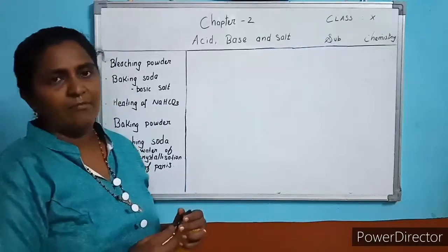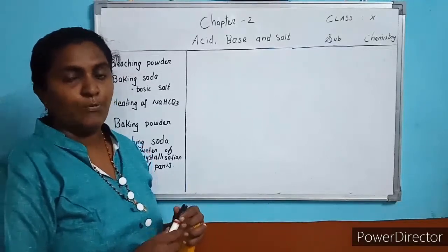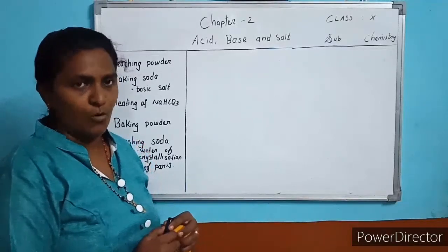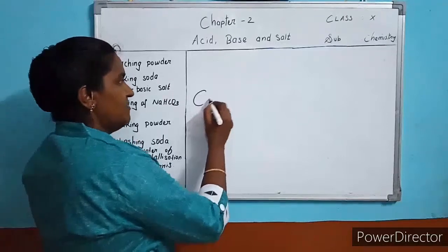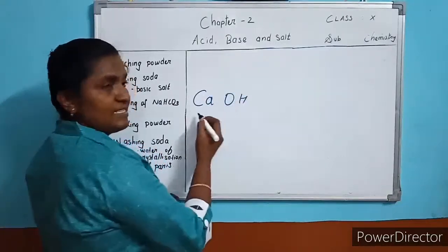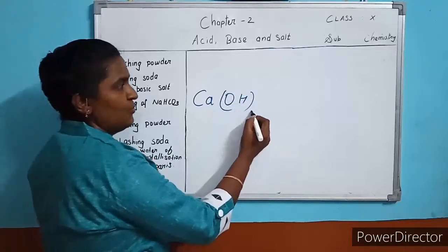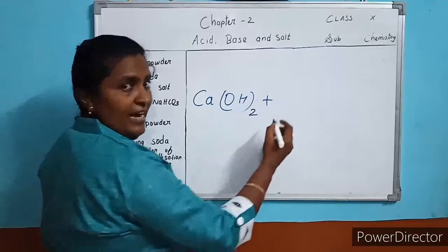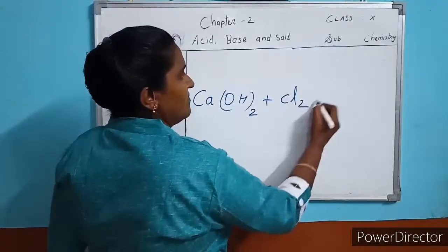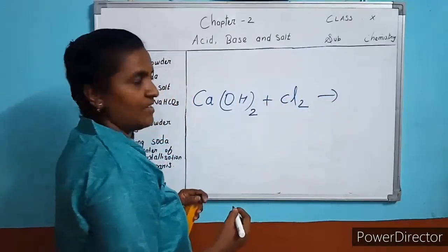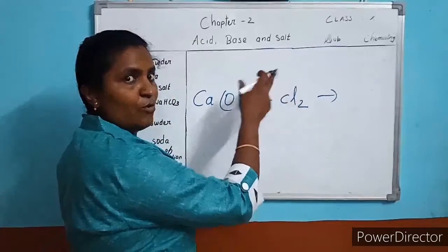To the slaked lime, add water. The product formed is calcium hydroxide. Calcium valence is 2. To this add gas. Which gas? Chlorine gas. This chlorine we get from the chloralkali process.